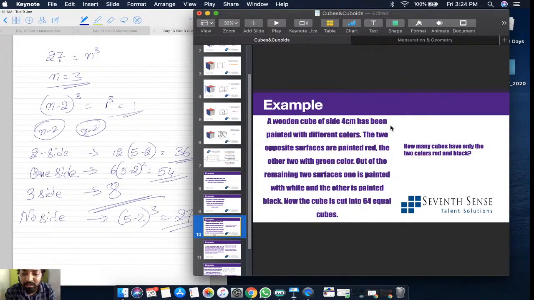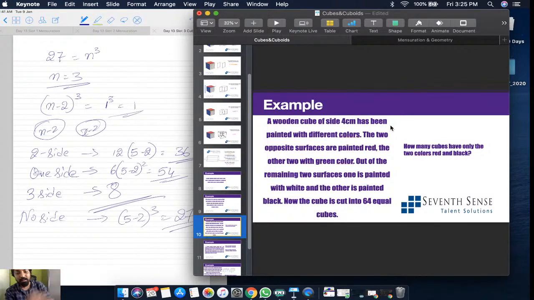Out of the remaining two surfaces, one is painted with white and the other is painted with black. Now the cube is cut into 64 equal cubes. Two colors, red and black.